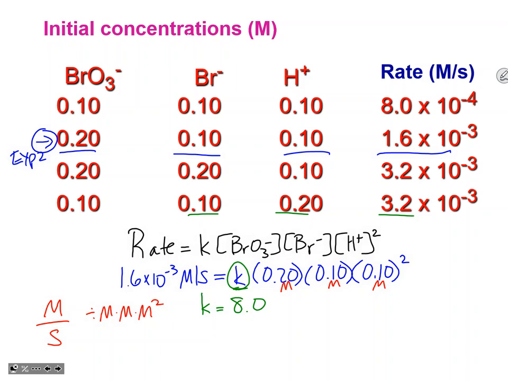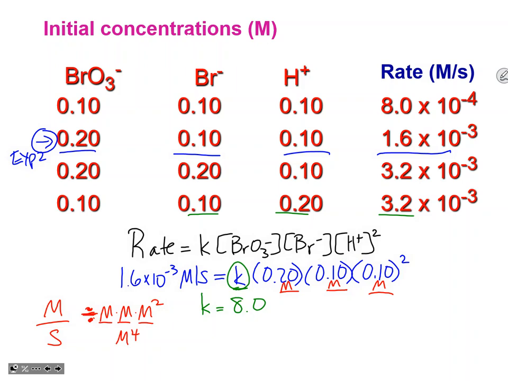All right, so back to calculating K units here. We technically have molar times molar times molar squared over here. So really we're dividing molar per second by molar times molar times molar squared, which is really M to the 4th, right?